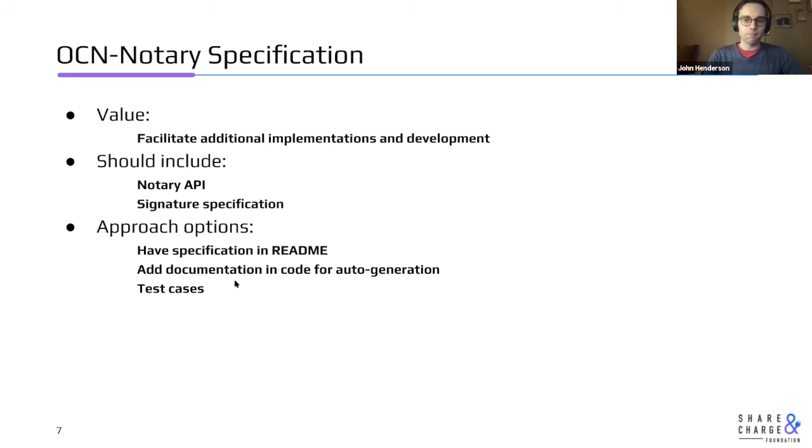Any thoughts from anyone on how this prioritizes relative to other work that we've talked about? I see this as being valuable because, as I mentioned earlier, it facilitates the development of the OCN notary.